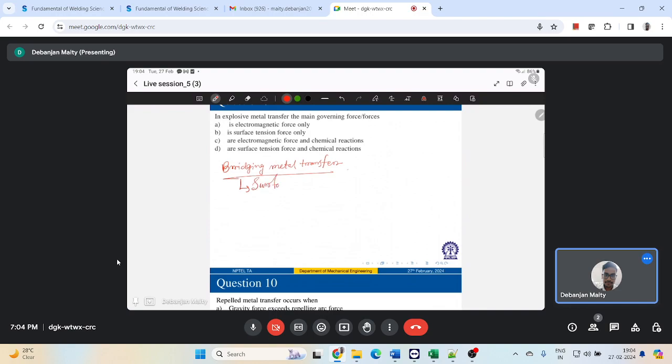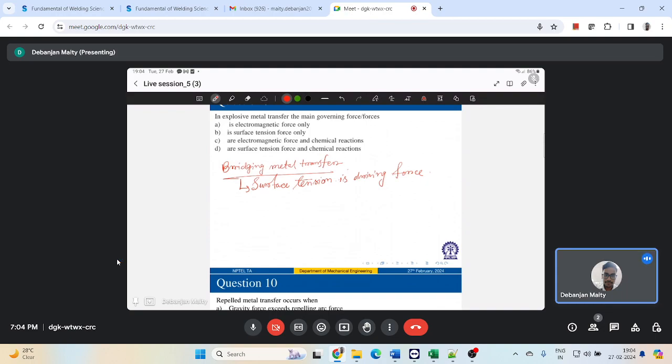Surface tension is the driving force in contact type metal transfer, right? And it reduces the importance of the pinch effect. So in any kind of contact type transfer, electromagnetic force doesn't come into the picture, pinch effect or neck formation doesn't come into the picture.